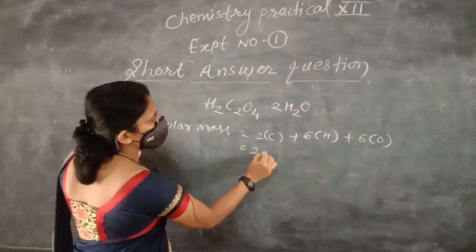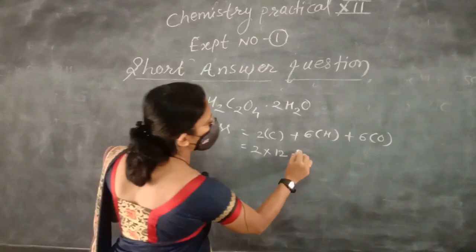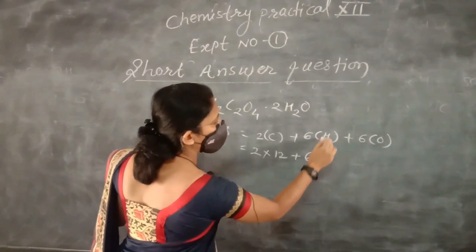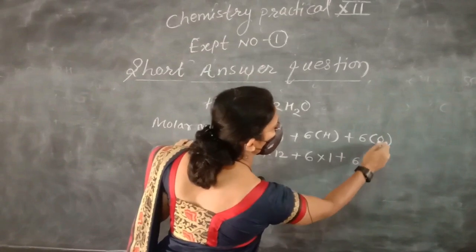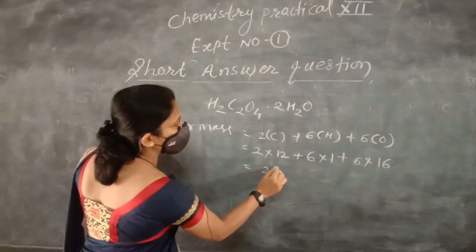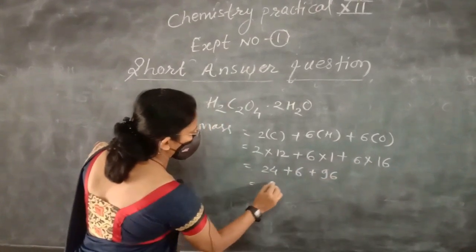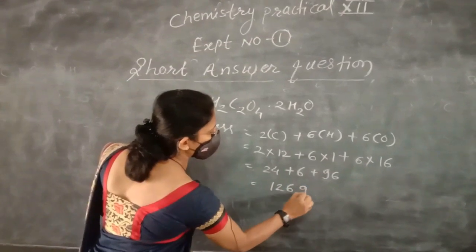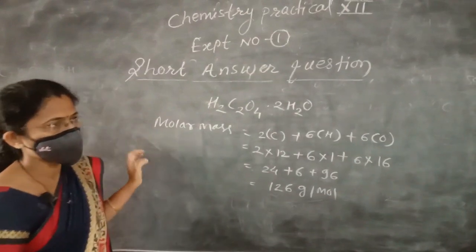So 2 into atomic mass of carbon 12, plus 6 into atomic mass of hydrogen 1, plus 6 into atomic mass of oxygen 16. So it comes 24 plus 6 plus 96, and it is 126 gram per mole, the molar mass of oxalic acid.